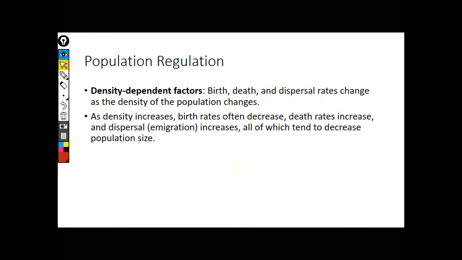Conversely, density dependent factors. This matters based on how many individuals are in the room. As your population grows or shrinks, so do these life table factors, largely birth, death, and dispersal rates.